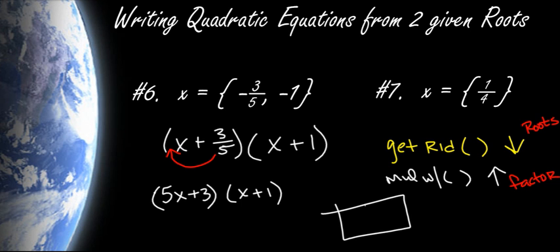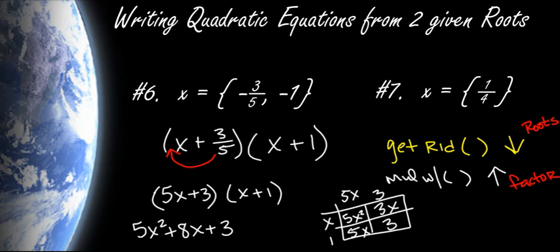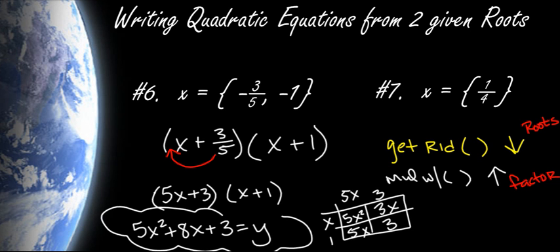And when you do the box method on this one, 5x and a 3, x and a 1, we end up with 5x squared, a 3x, a 5x, and a 3. So my equation would be 5x squared plus 8x plus 3 equals 0 or equals y. It depends on what you're trying to find.